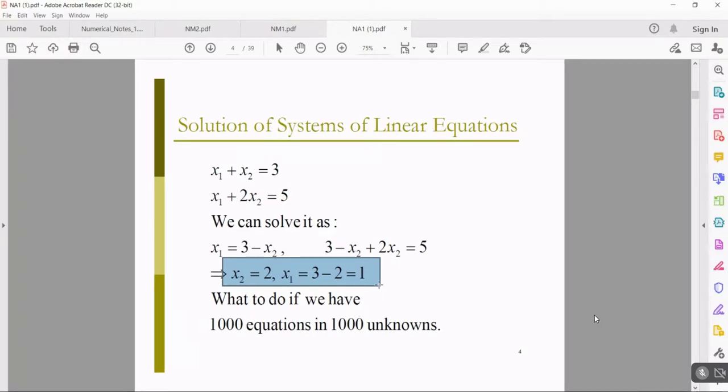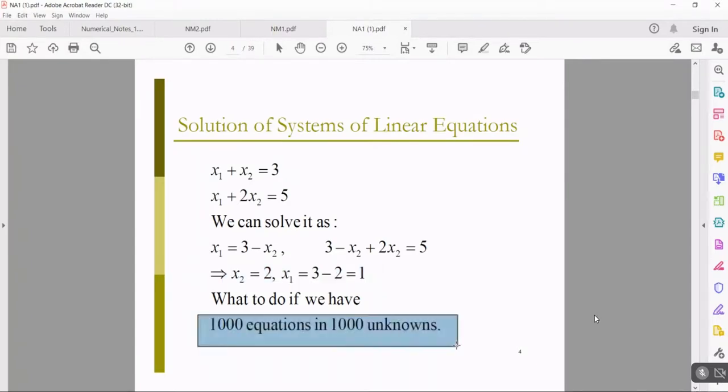But if you have thousands of equations in thousands of unknown variables, the analytical procedure of substituting one value and then proceeding takes a huge time, and it is not possible to solve using hand calculations.